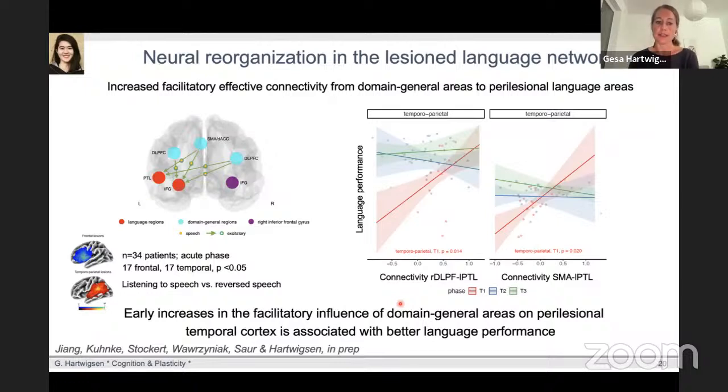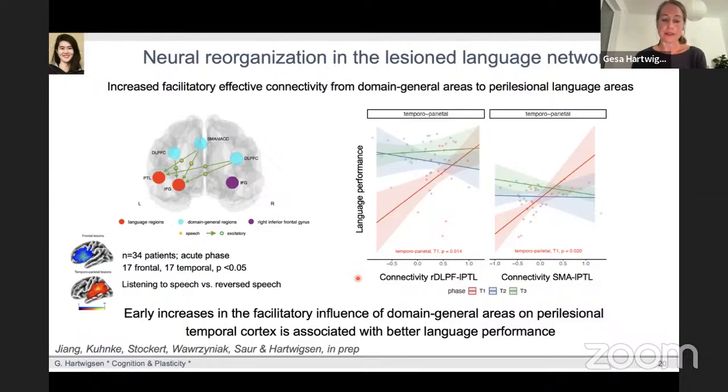So early increases in the facilitatory influence of domain general areas on the perilesional remaining language areas in the temporal cortex is associated with better language performance. We did not see such an association in patients with frontal lesions. I can already tell you that in frontal regions, we see something which includes more the right hemisphere, but I just wanted to keep it simple and focus on domain general areas here.